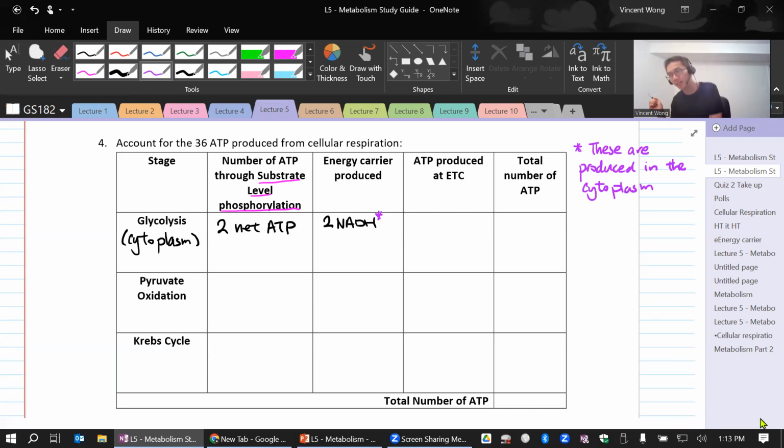Where do we need to take them? Remind me again. We got these high energy electrons. We have to drive them all the way to where? The ETC, that's right. And where is the ETC? The ETC is in the matrix, isn't it?